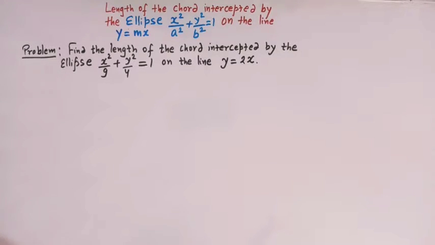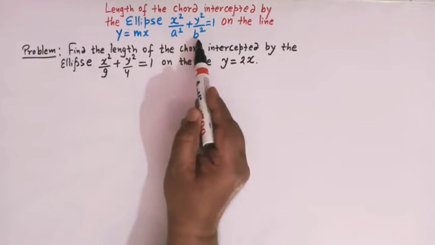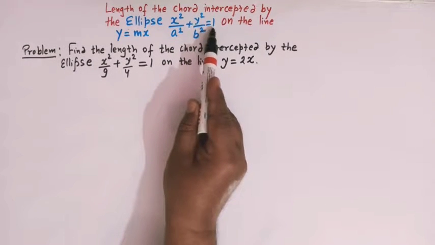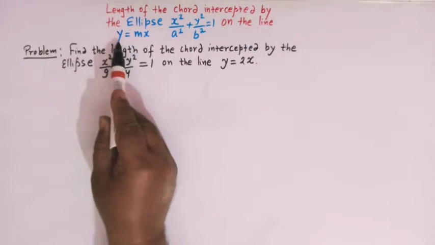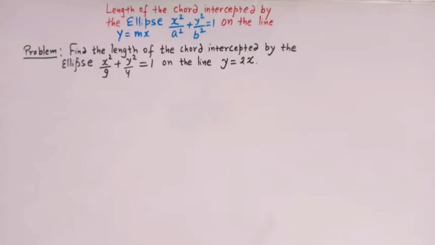Hello viewers, in today's class we are going to discuss yet another important problem from coordinate geometry, right? So here we are taking the concept of length of the chord intercepted by the ellipse x²/a² + y²/b² = 1 on the line y = mx, right?